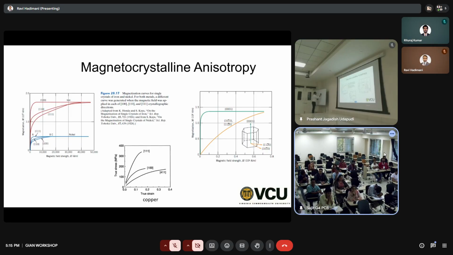So this is your C axis, B axis, A axis. It's actually a small part of a crystal structure.